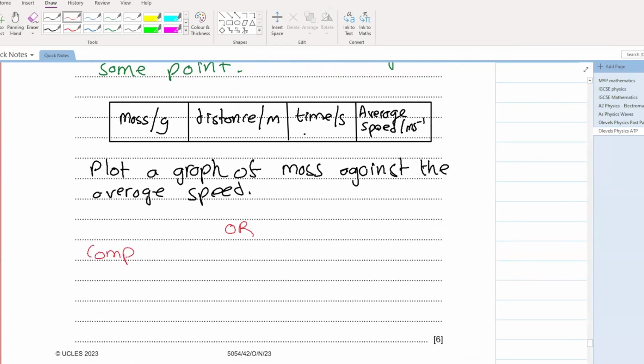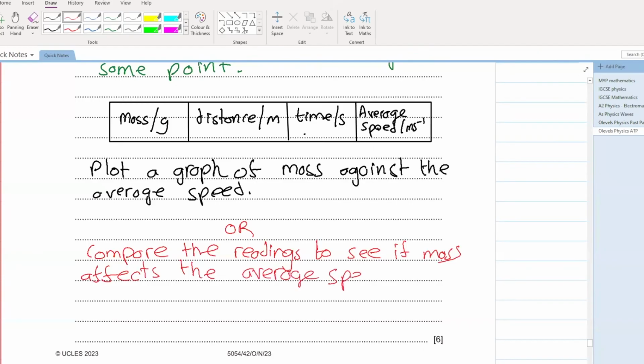Compare the readings to see if mass affects the average speed or not. Simple. Nothing complicated here. This is what you will write here.